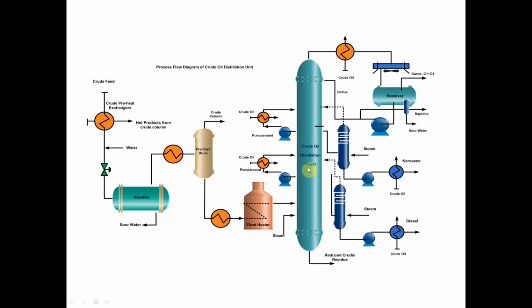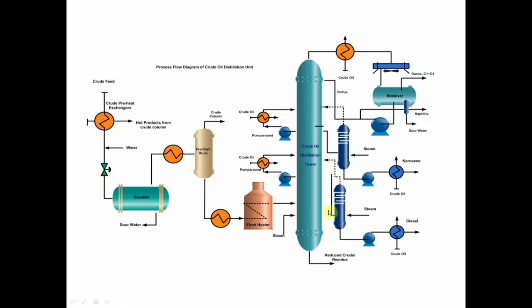Now we will be discussing the products of the CDU. When these crudes enter the crude distillation unit, we will be discussing what type of products we are getting from this single crude distillation unit or column.